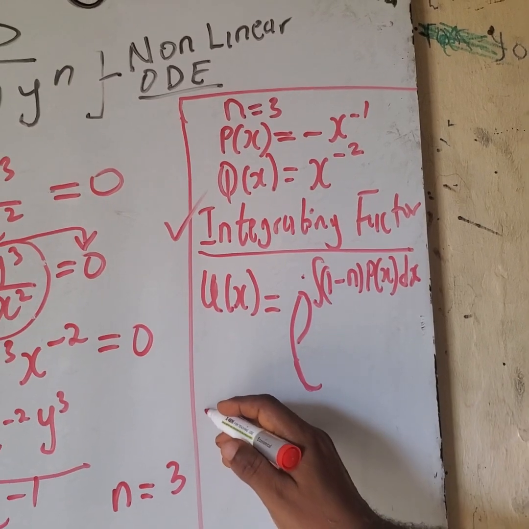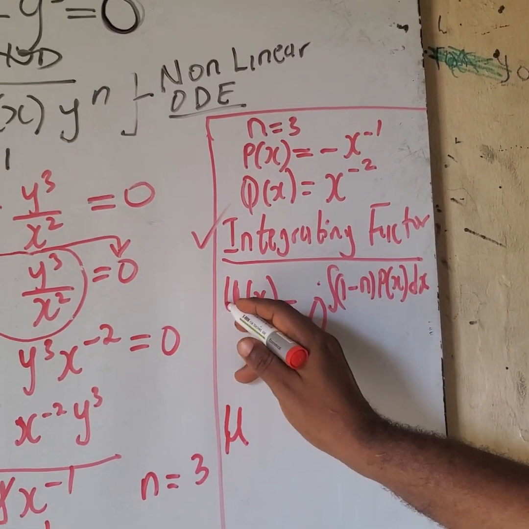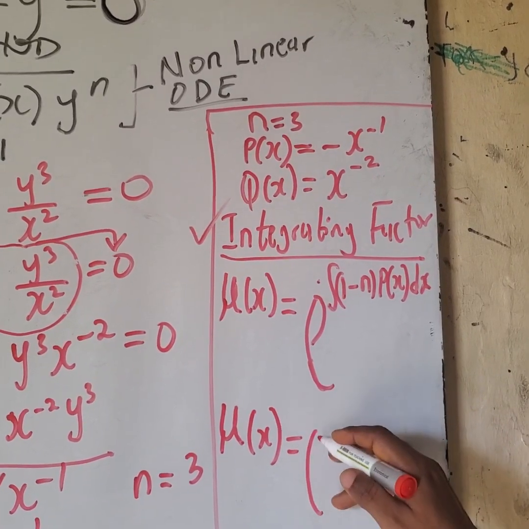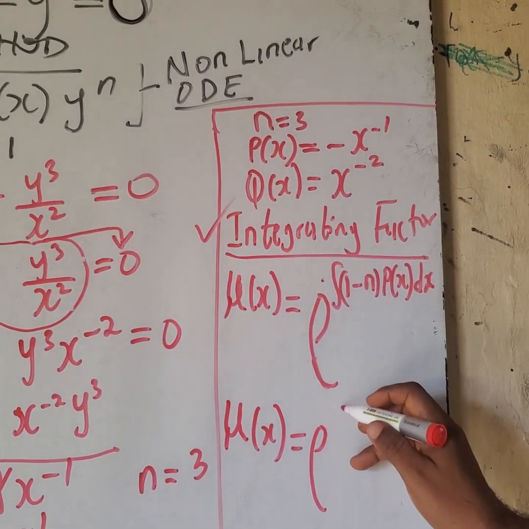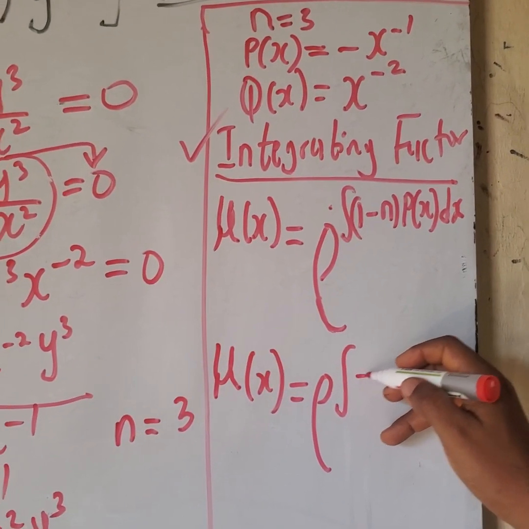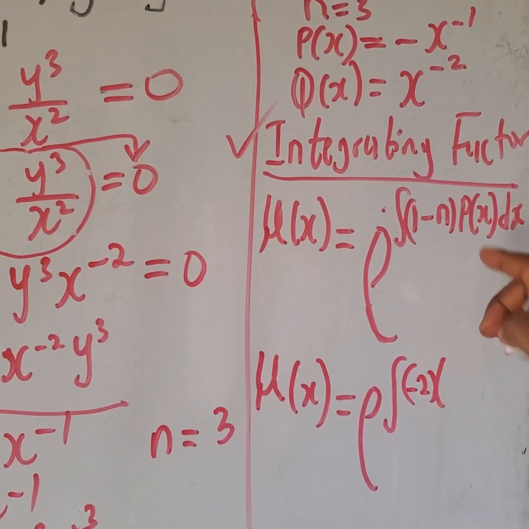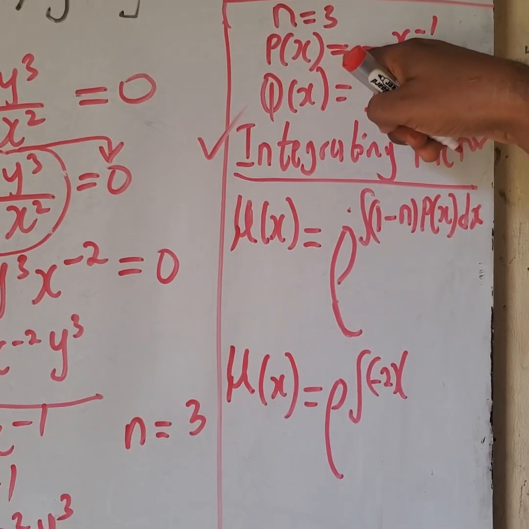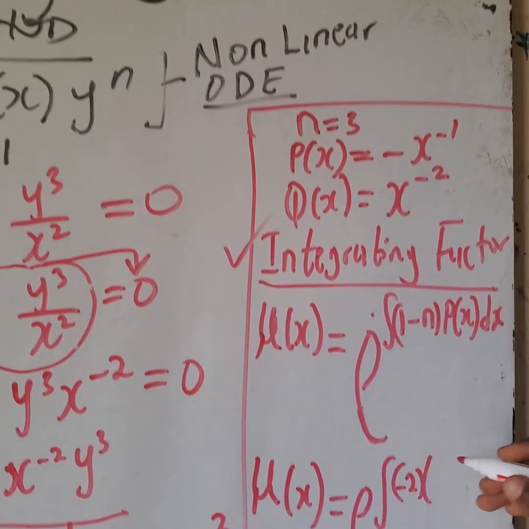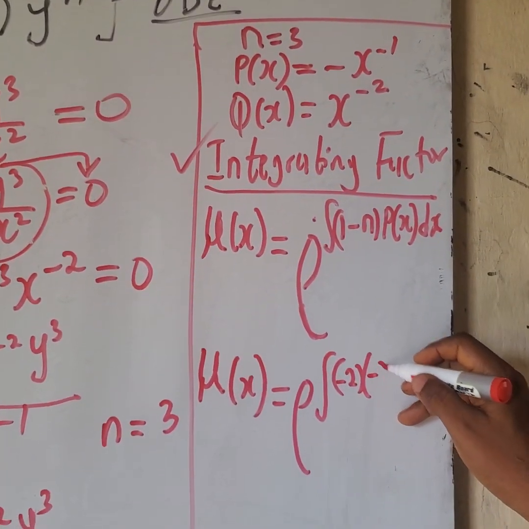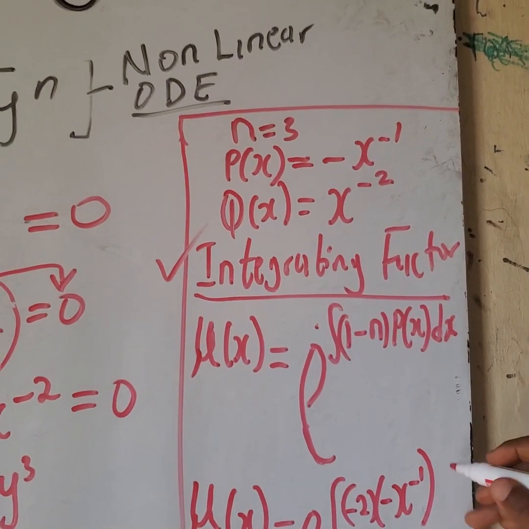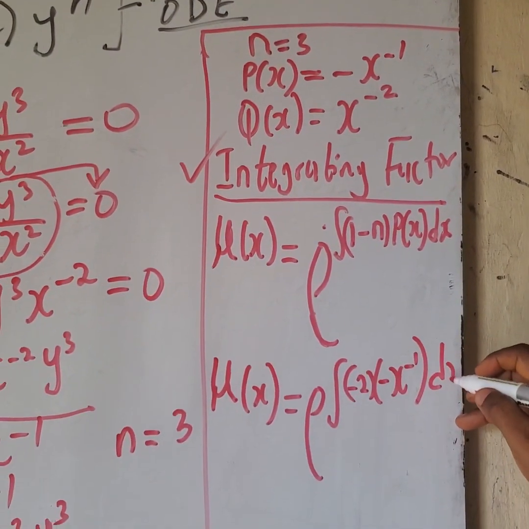So this mu function of x can be further simplified as e raised to power integral of (1 minus 3), that will give us minus 2, times p of x. Our p of x is this up there, so we substitute it: minus x raised to power minus 1, times dx.